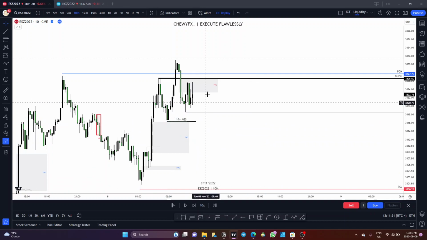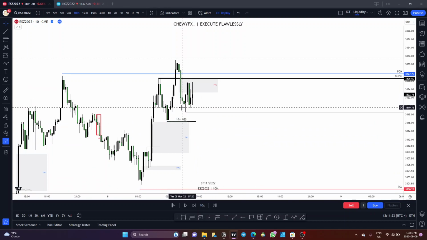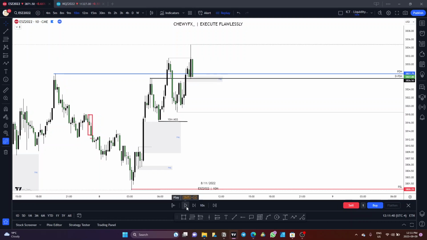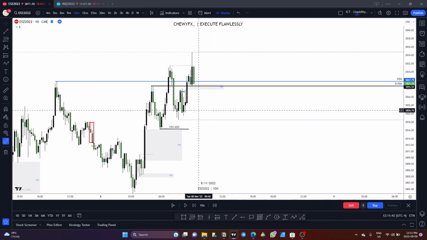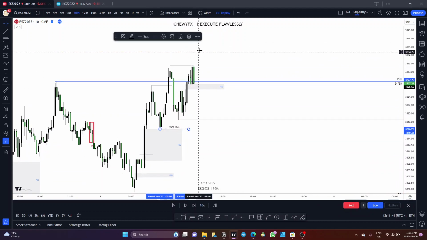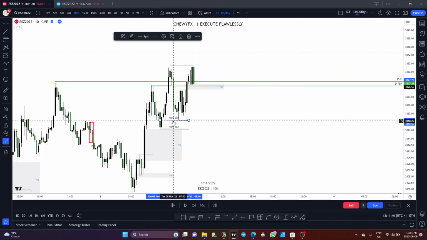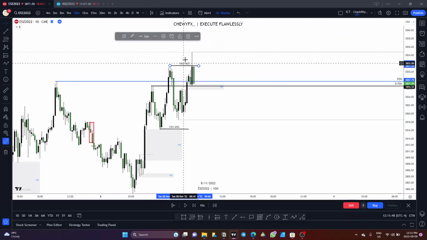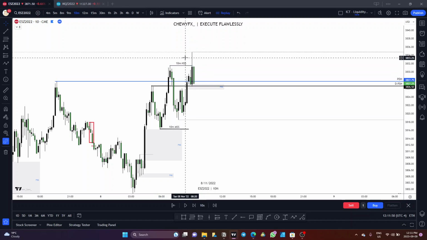Let's see what happens. But we do got this big bearish FVG, which is pretty much like a low-key MSS. So, okay, it looks like we actually did react off of this area here.